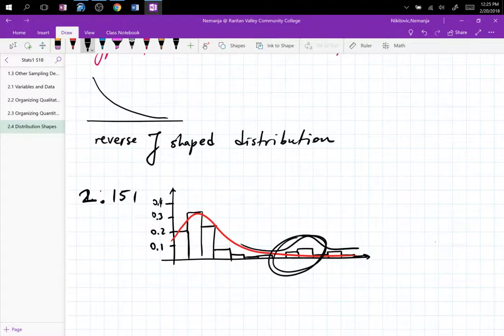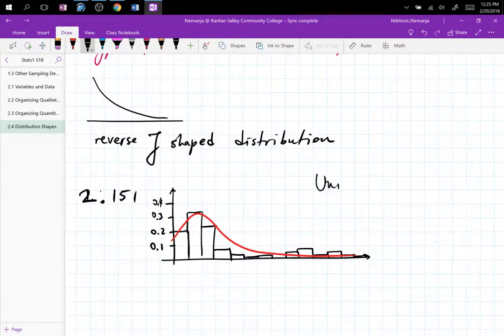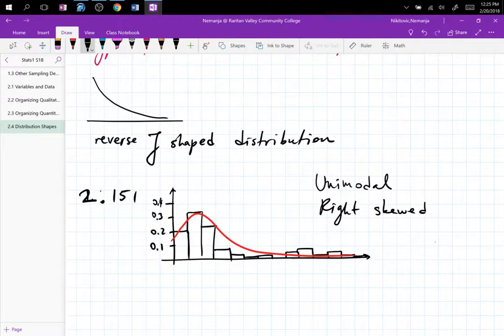But that's too much. So I would call this unimodal. And skewed what? Right skewed, nice. Symmetry? No, no symmetry. So unimodal and skewed to the right.